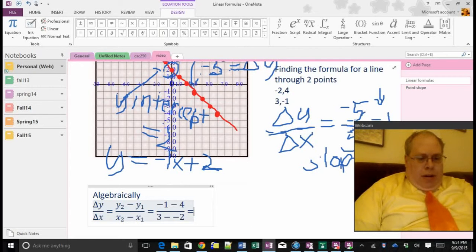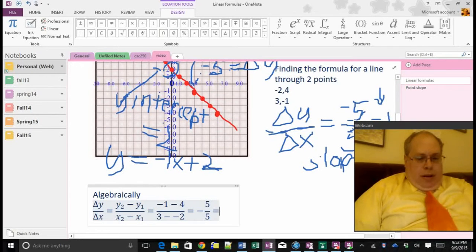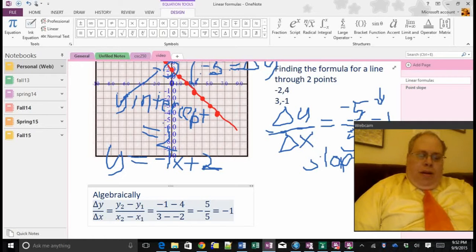And that's going to equal -5 over 5, which in lowest terms is -1. So that's how we work this whole thing out algebraically. That's the slope. So I'm going to write slope to indicate what we just did there.